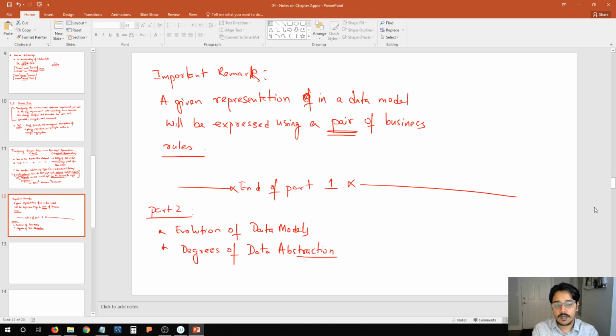Thereafter we discussed some of the important building blocks of a data model and looked at some examples, and then we discussed what business rules are and how to transform the business rules into the data model representations.